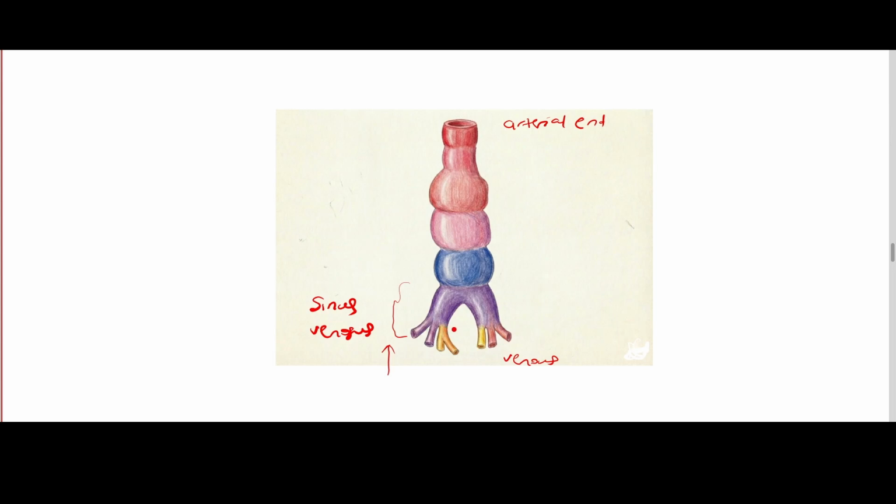Now, in the adult heart, the right horn enlarges and becomes the smooth posterior part of the right atrium, which is the sinus venarum. So the right horn becomes the sinus venarum, which is the smooth posterior wall of the right atrium.